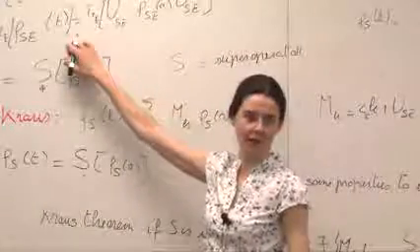Or even more simply, what is just rho_S at time t? I could go through here and derive what is rho_S, or I could just say, this is what I want to calculate.